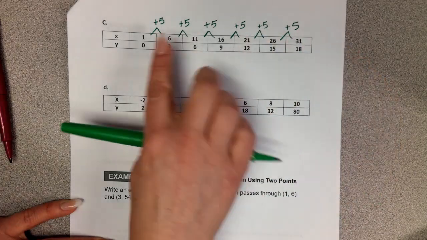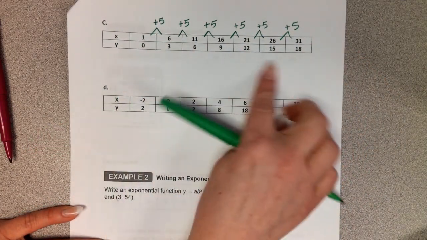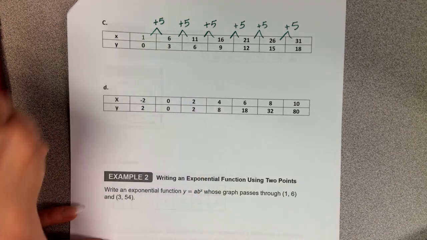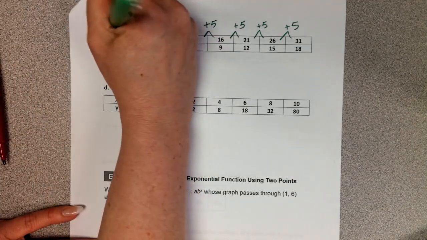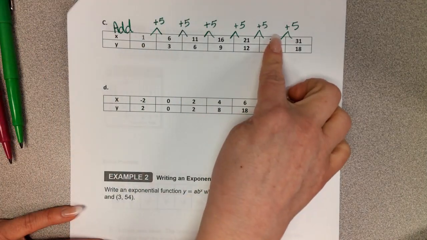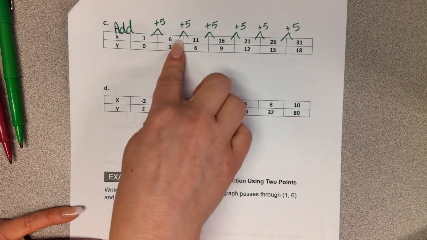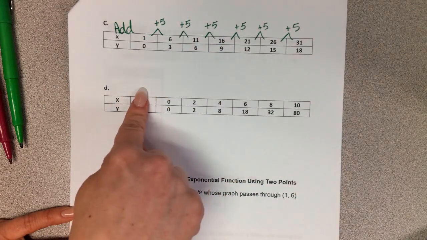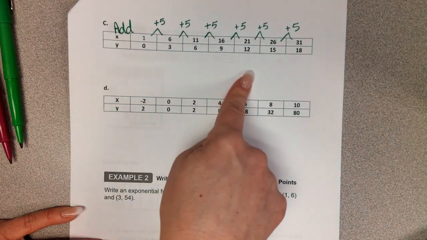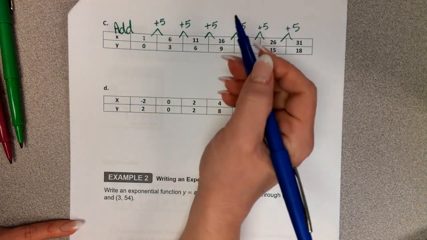So since I have a common addition all the way across, I should have some sort of pattern in the output here. If you don't have that addition straight across on the top, you're not going to see that pattern in the output. So it's very important that you check for that addition before you start looking for the output pattern. All right, so 0 to 3.